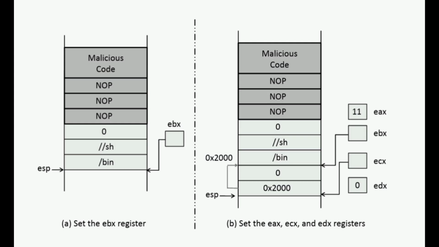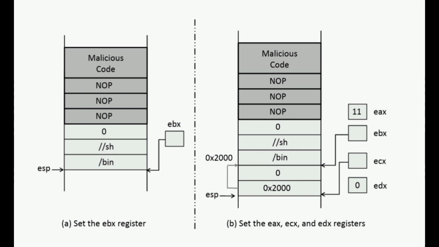This figure illustrates how shellcode is executed after a successful buffer overflow attack. The attacker injects malicious code to spawn a shell, giving them control over the system. In this, figure A represents setting the EBX register. The EBX register is set to point to the bin string on the stack.